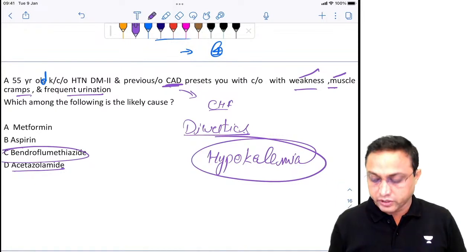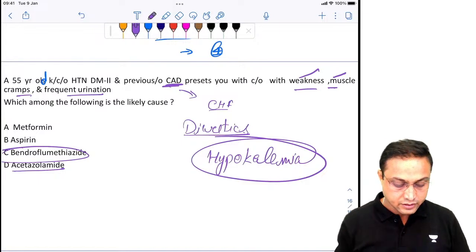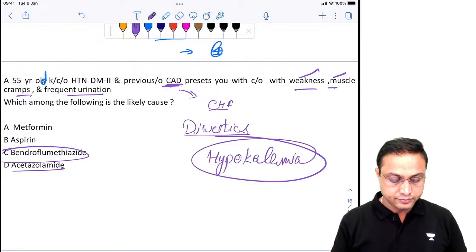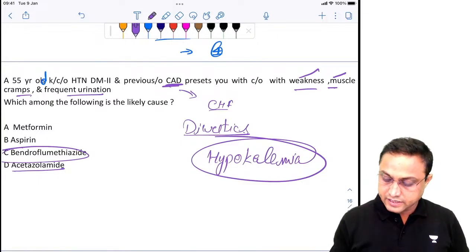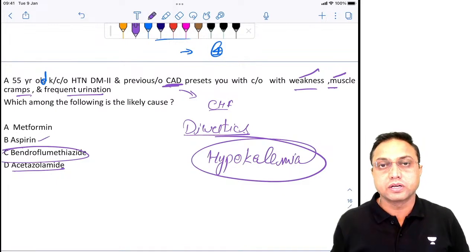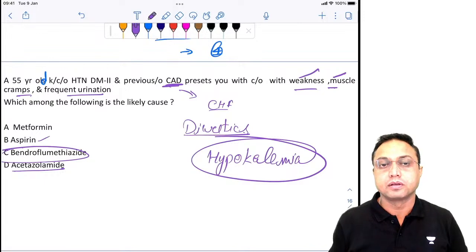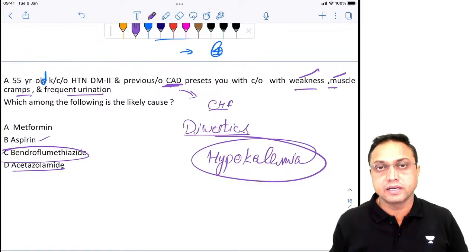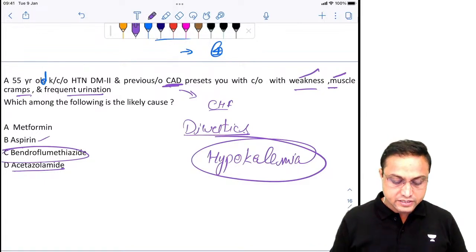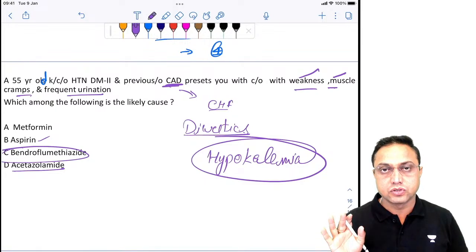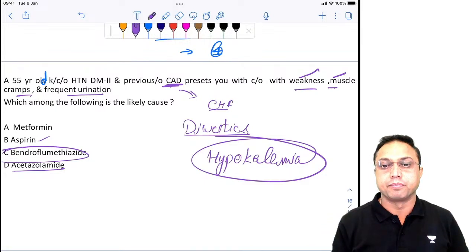Metformin, again metabolic acidosis. And aspirin is also associated with metabolic acidosis with a raised anion gap, basically. So aspirin, increased anion gap metabolic acidosis. Acetazolamide, metabolic acidosis with normal anion gap.